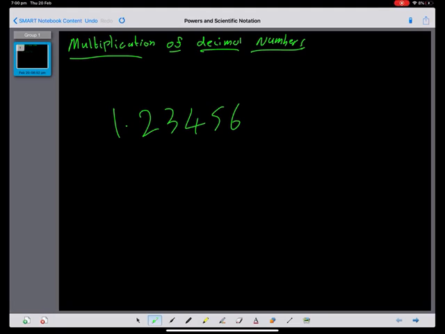If we multiply this by 10, for example, all the numbers move one space to the left, but the decimal point stays the same.